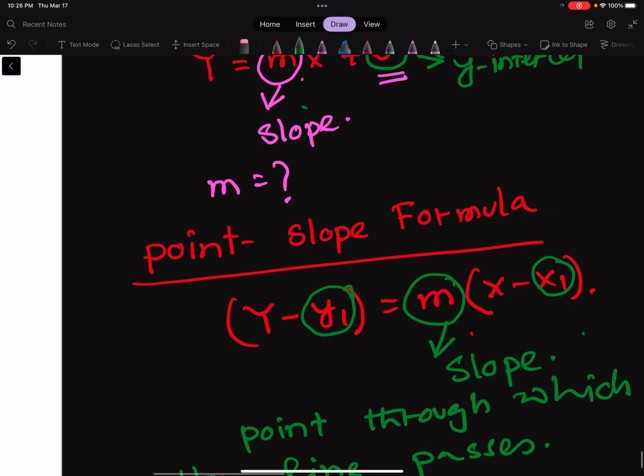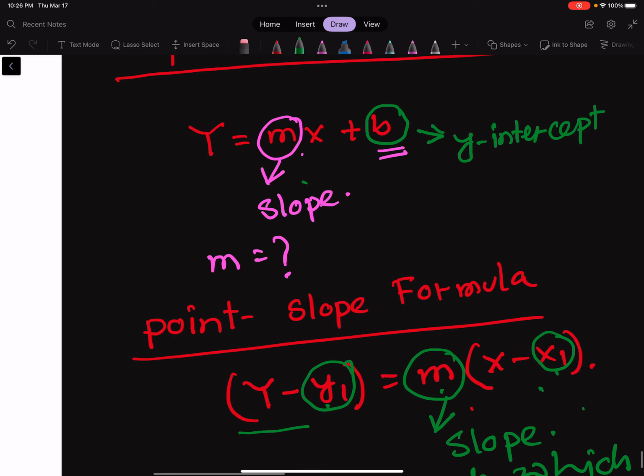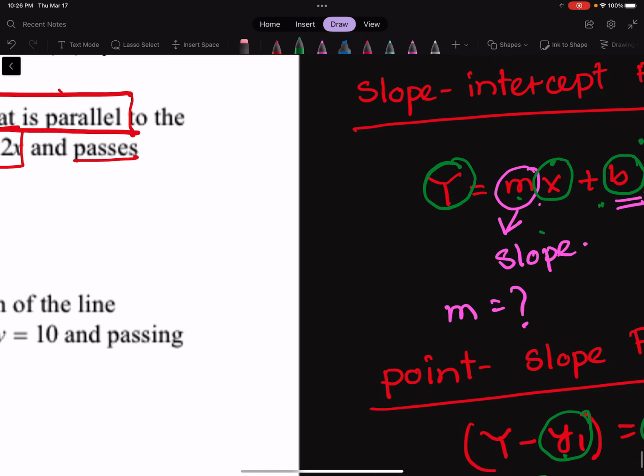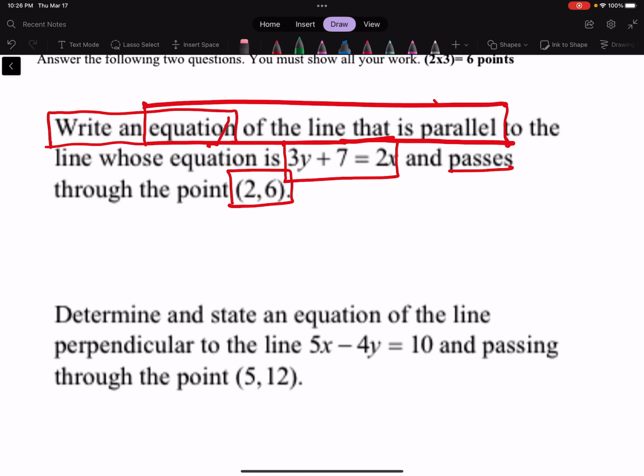Now, if we have our m and x, y, we can write this form and simplify it. But if we go with slope intercept form, if we have our m and our x and y, then we can find our b and rewrite the equation. So I'll show you how you can rewrite the equation in both ways.